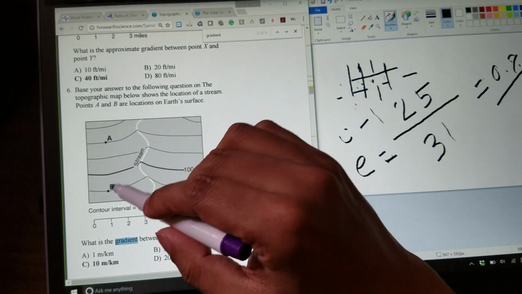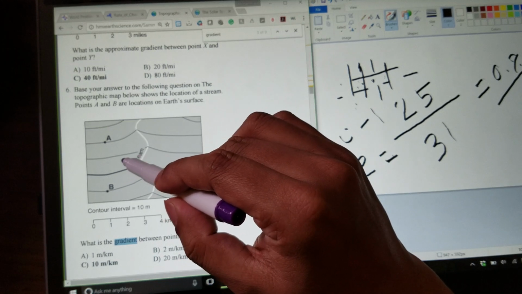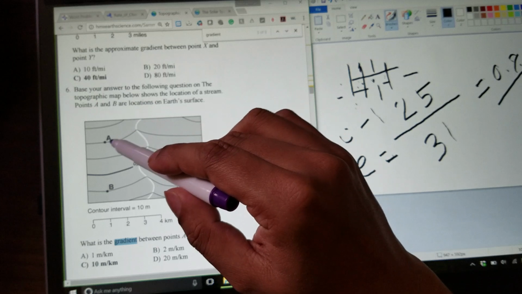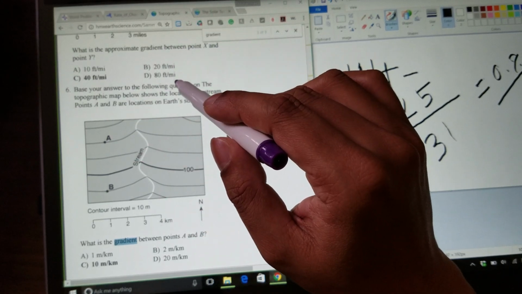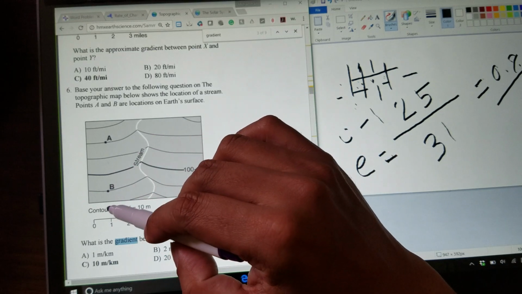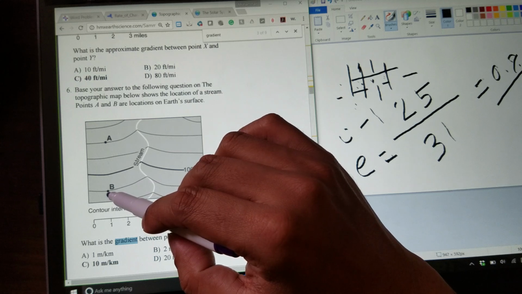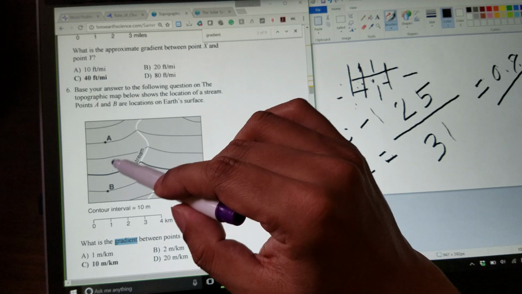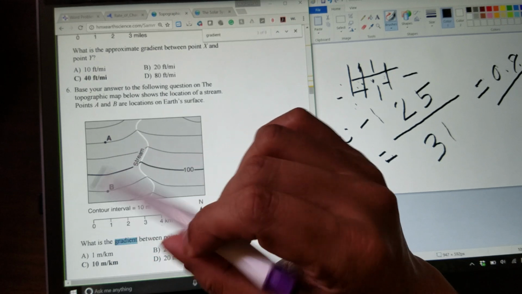Each line, if you're starting from B, you can see this is 100, and this should be 110, this should be 120, and so on. If you're starting from this, we can say this value is 90, and then 100, 110, and this value is 120.